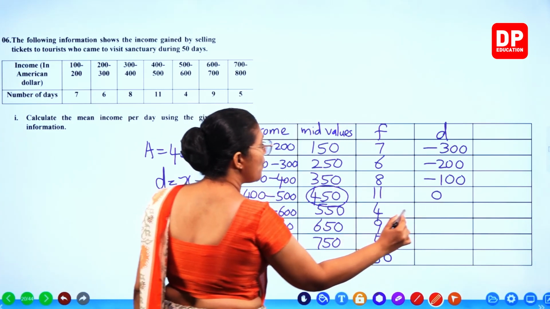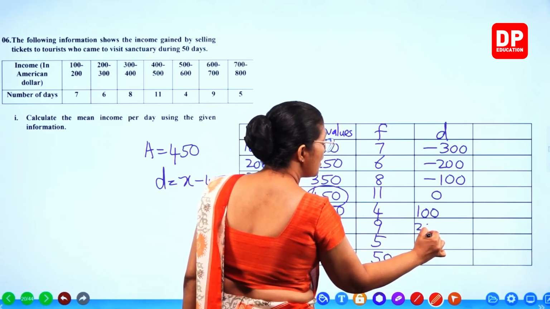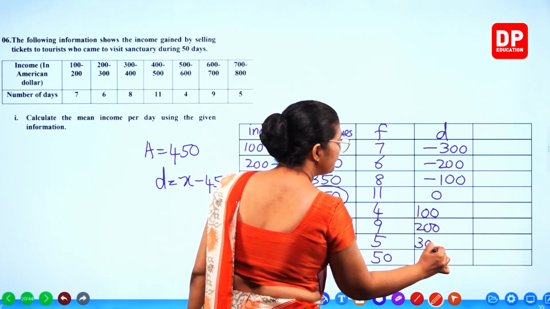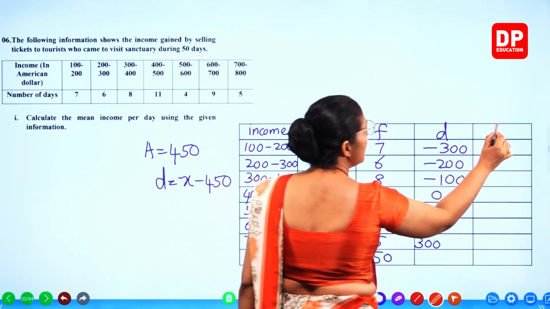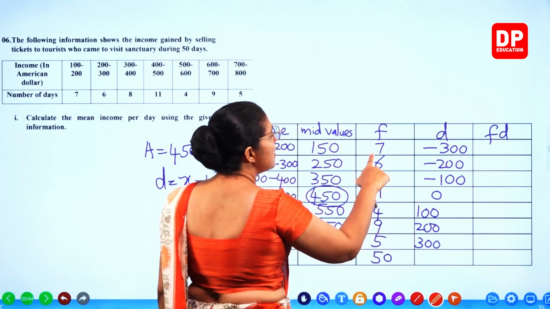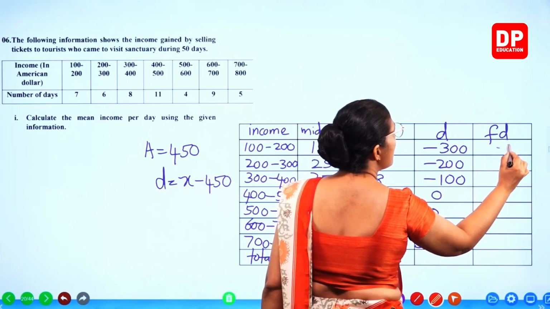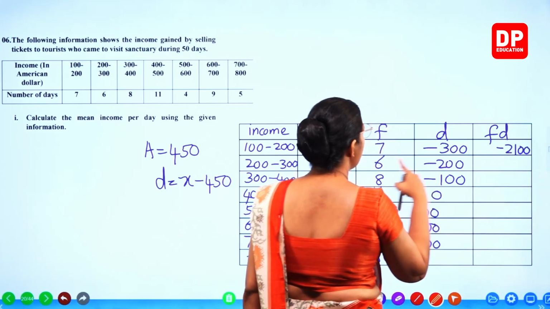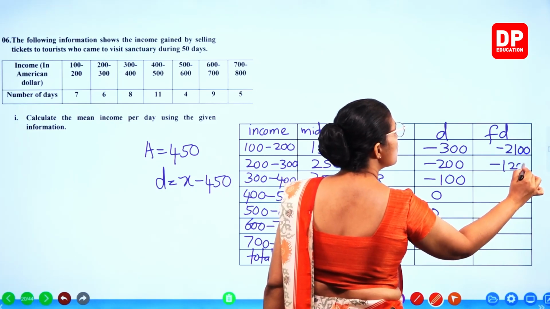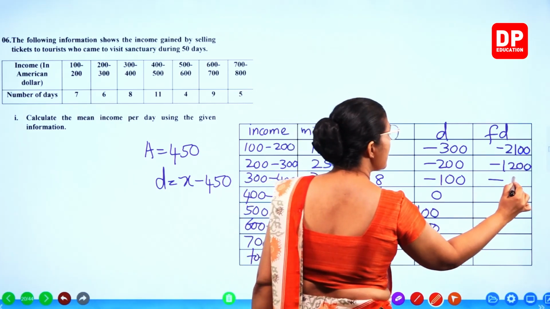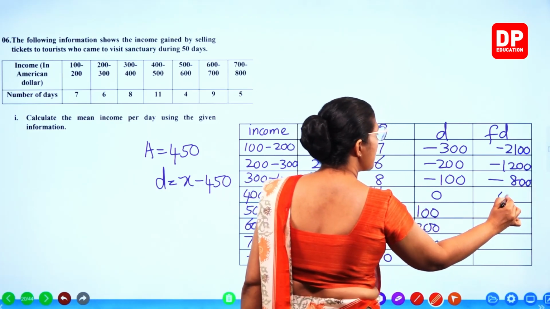Other way around, you get positive values, 100, 200, 300. Now we can multiply F and D. 7 times minus 300, minus 2100. This one minus 1200, minus 800. This becomes 0.